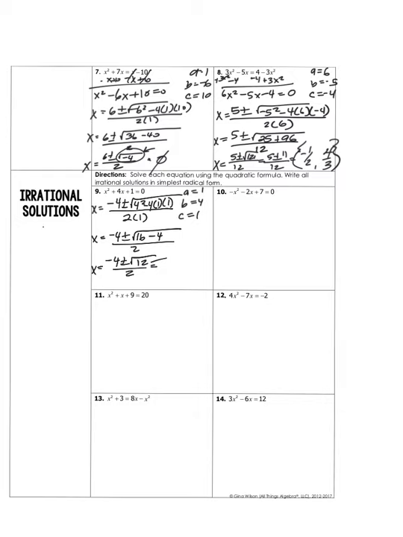Perfect square factors are 1, 4, 9, 16, 25, 36. Okay, so what is a perfect square factor of 12? 4. So this could be like the square root of 4 times 3. And we can take the square root of 4, so that will become -4 plus or minus 2 times the square root of 3 over 2.